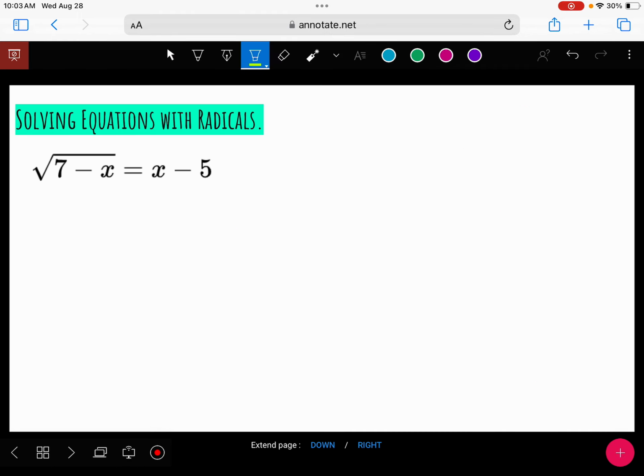All right, so now we have square root of 7 minus x equals x minus 5.